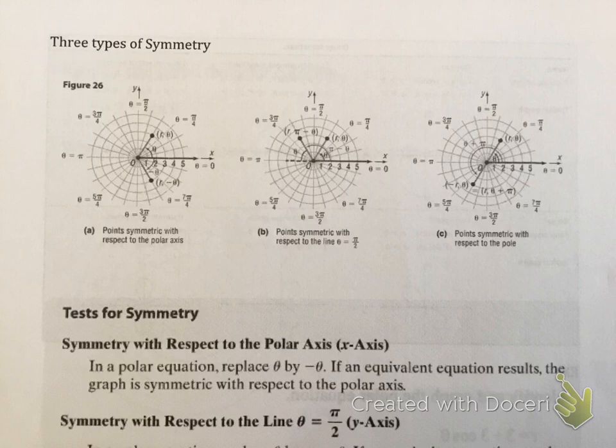The first one is when you are symmetrical about the polar axis. Here's my original point. If it has symmetry about the polar axis, this point is right below, in the same position relative to the polar axis. Now we have symmetry about the y-axis, which is theta equals pi over 2.